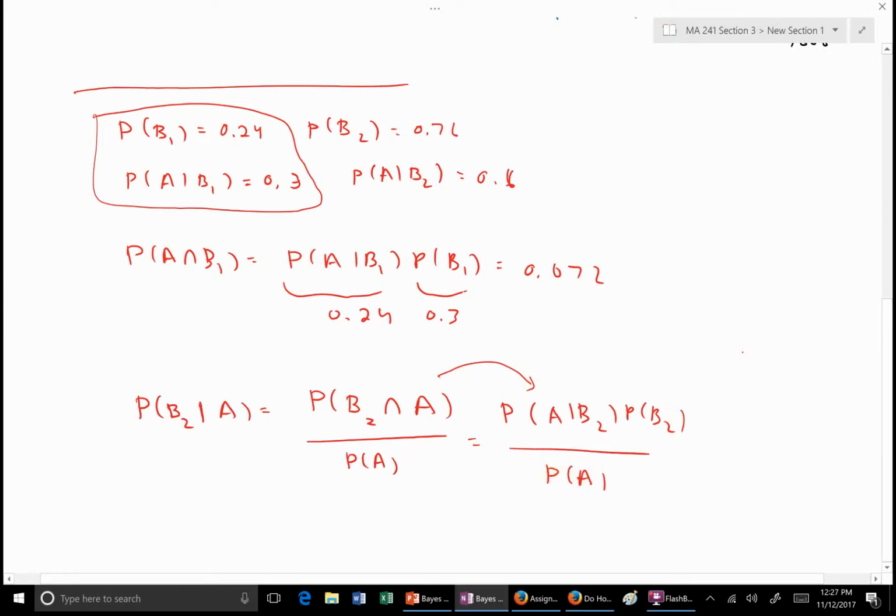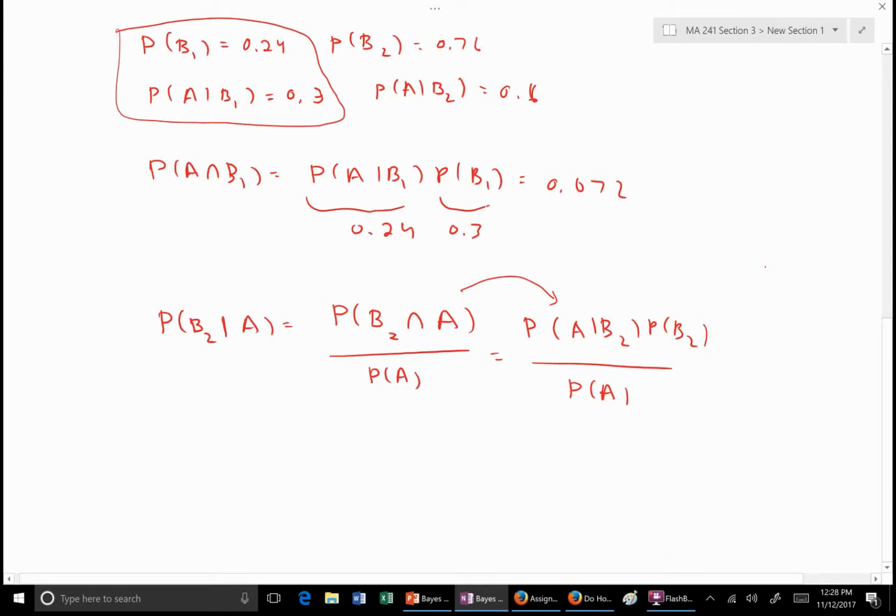And what I'm going to do is I'm going to realize that B1 and B2 are complements. Okay, so we think of B1 and B2 like this. So if I think about A, the probability of A occurring is the probability that either A is in B1 or A is in B2.